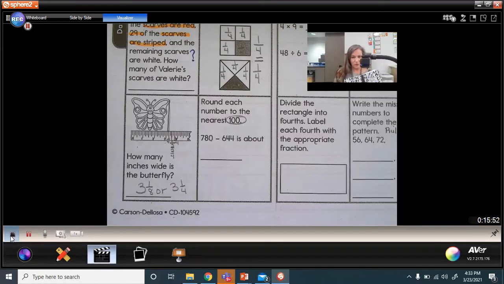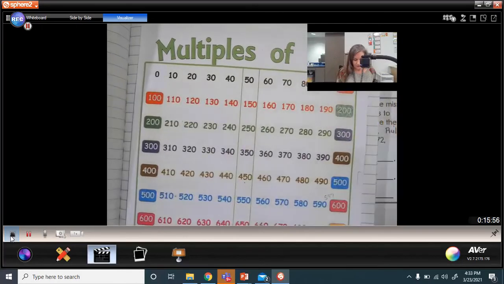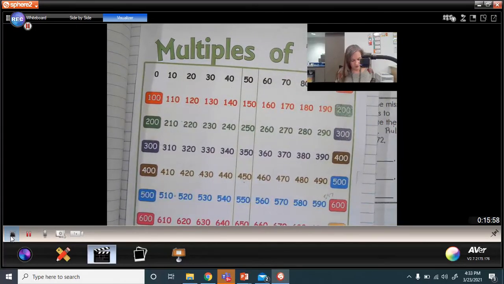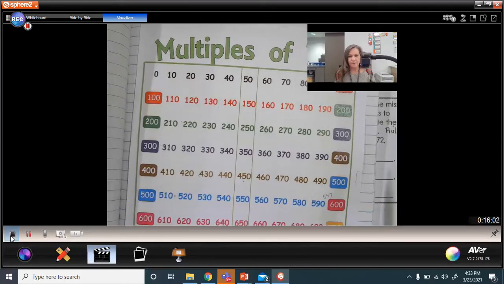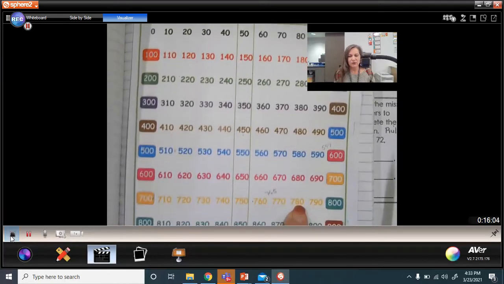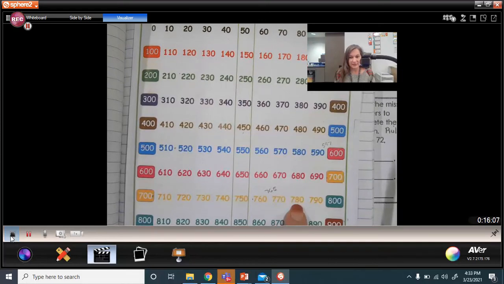The first number we're rounding is 780. 780 minus 644. 780 is right here. It actually is already rounded to the nearest 10, since it is a 10, but it doesn't tell us to round to the nearest 10. It tells us to round to the nearest 100. So look at where it is.